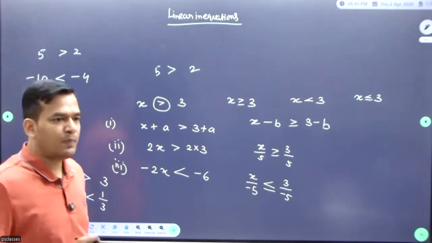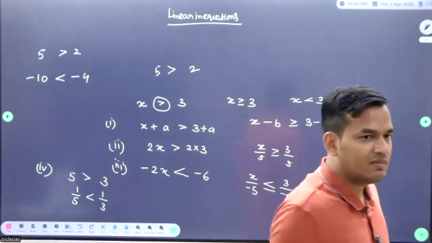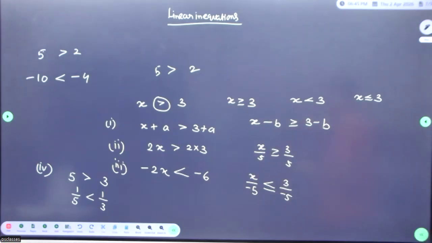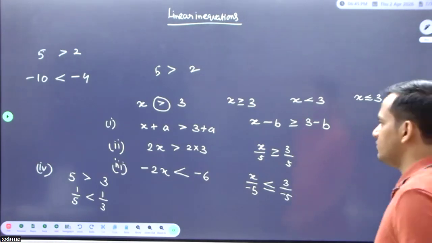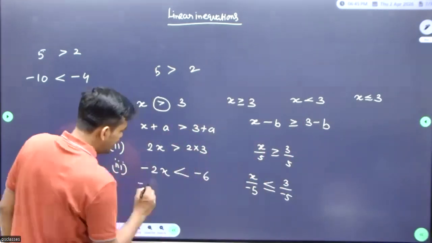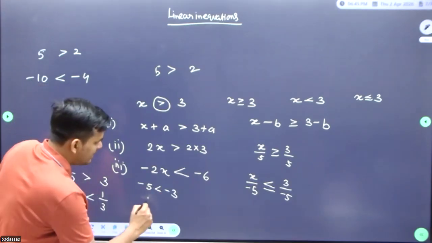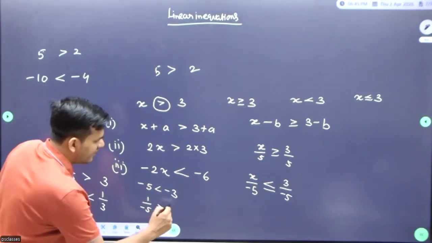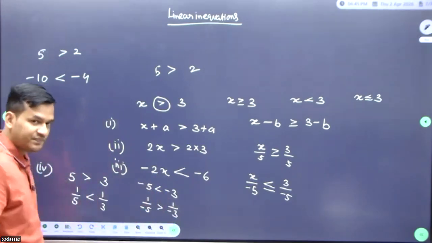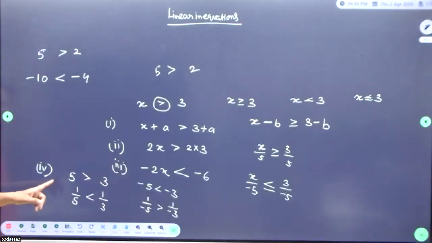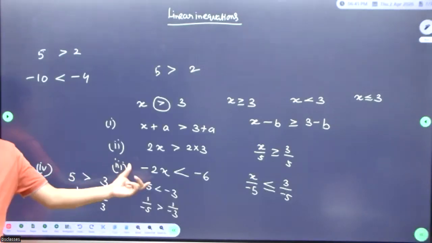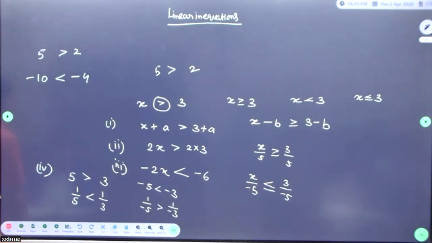If both numbers are positive or negative, then by taking reciprocal, the sign of inequality will change. Similarly, minus 5 is less than minus 3. Correct? Now 1 upon minus 5 becomes greater than 1 upon minus 3. So if both of the numbers are positive or negative, then by taking reciprocal, the sign of inequality will change.